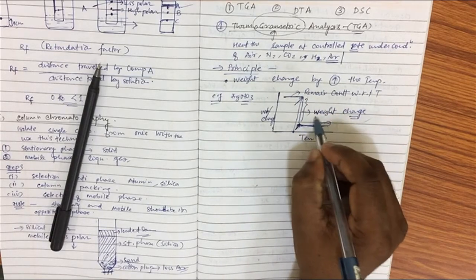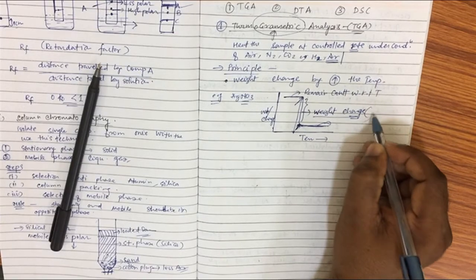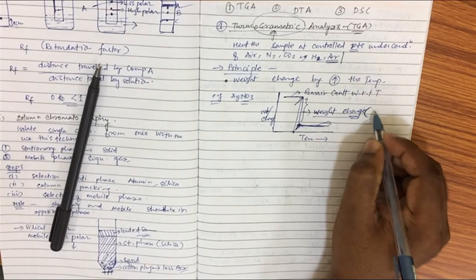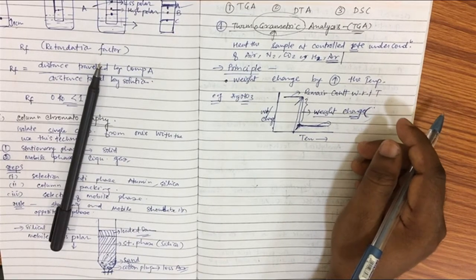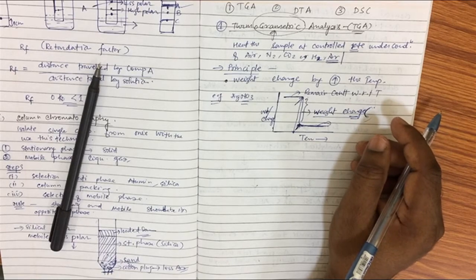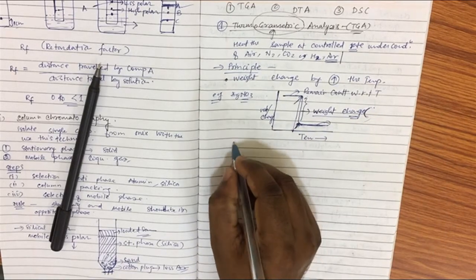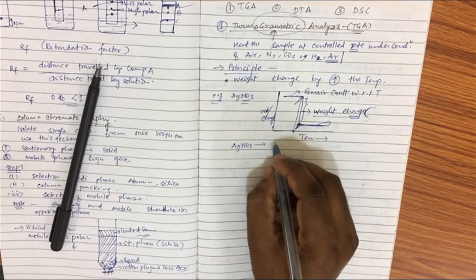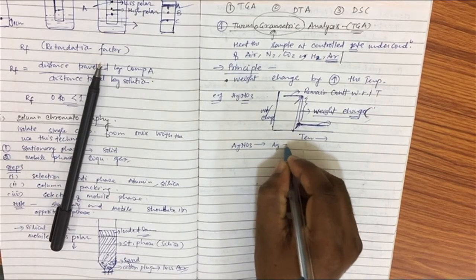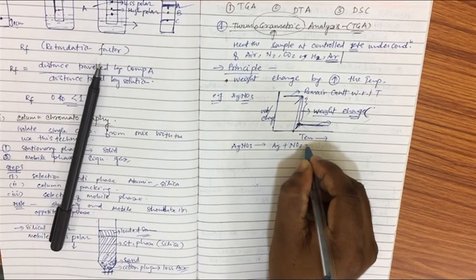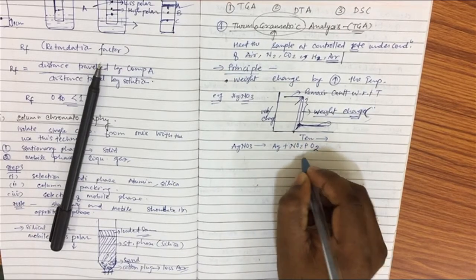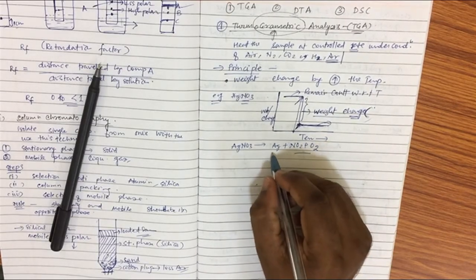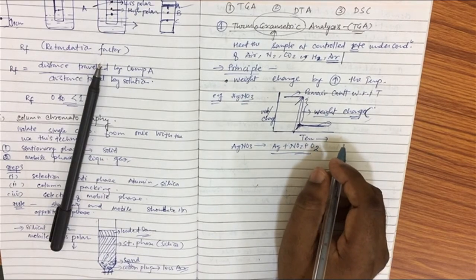Basically here the weight decreases. If you see this reaction, it decomposes to silver plus NO2 plus oxygen, so here the weight decreases.